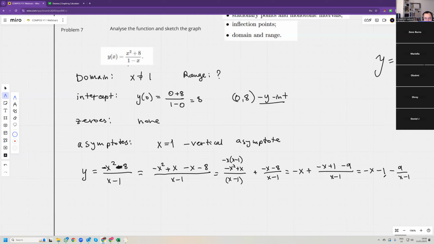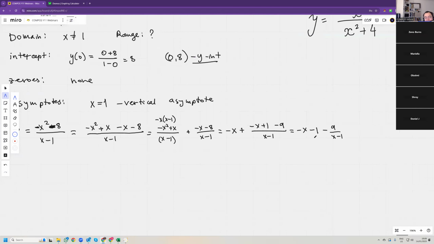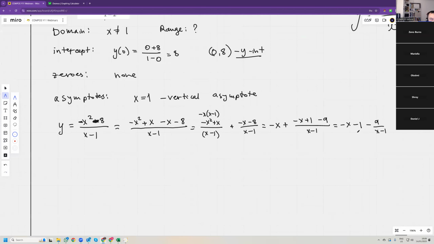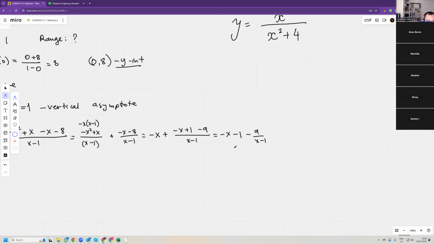Okay. Don't worry if you don't fully get it. This is how I find the slant asymptote. So as x tends to infinity, this thing tends to 0. Therefore, my graph becomes approximately this.